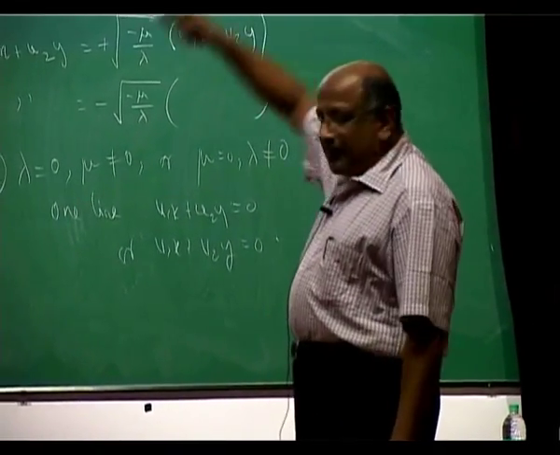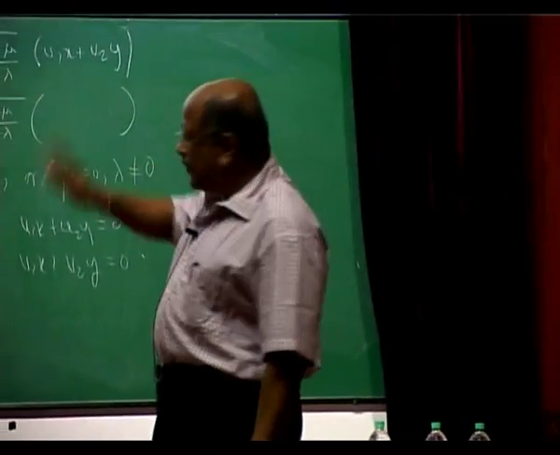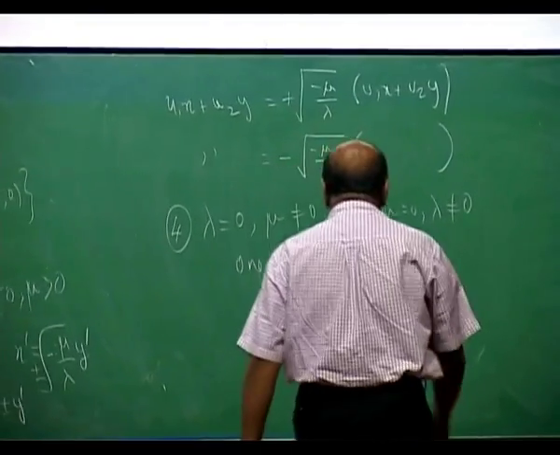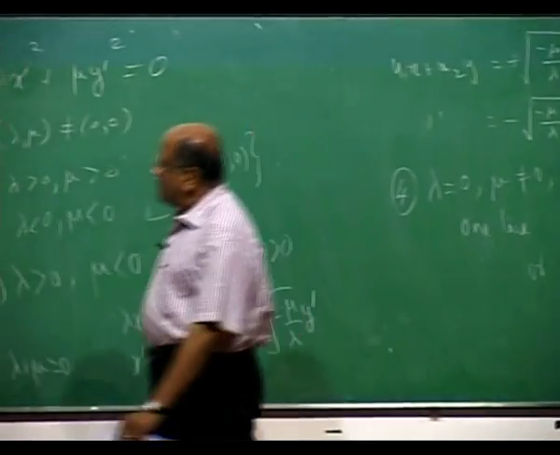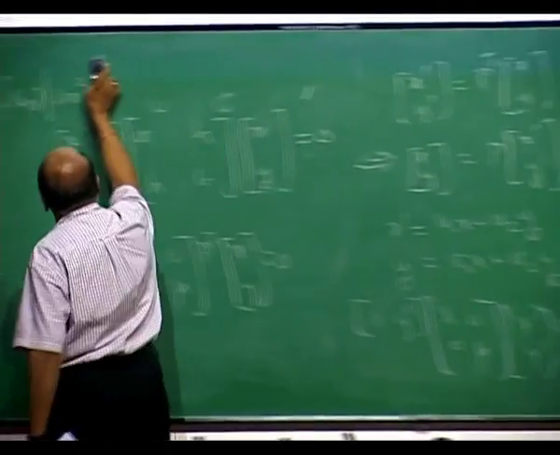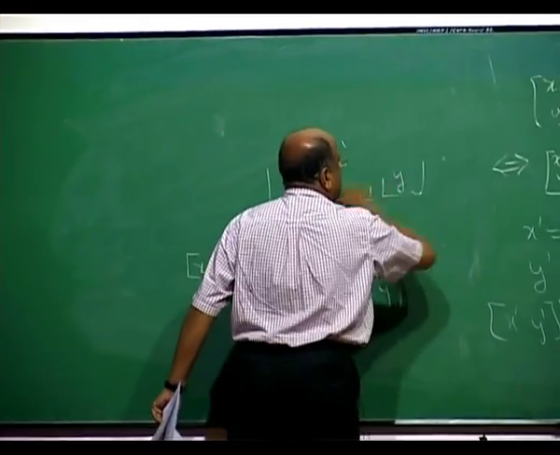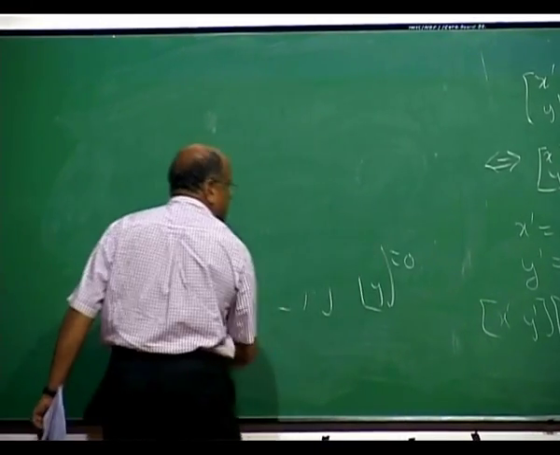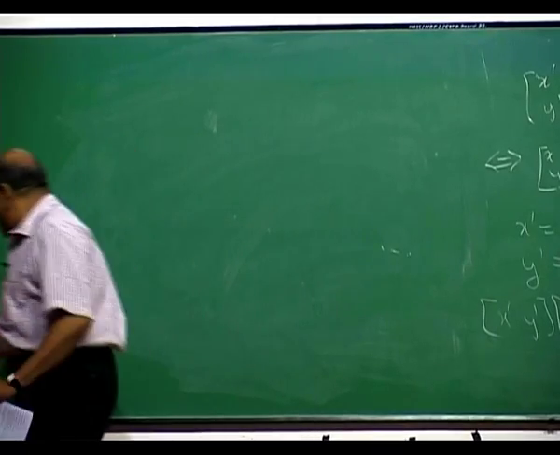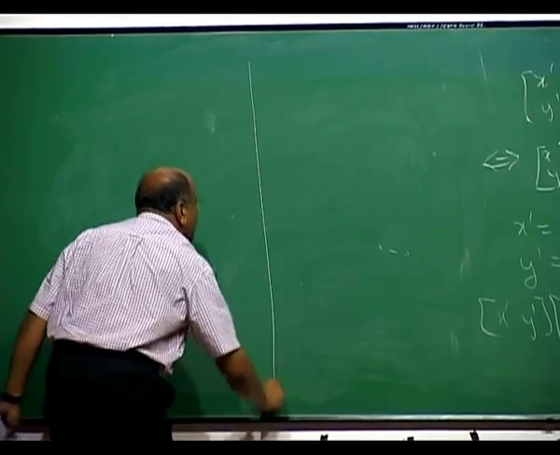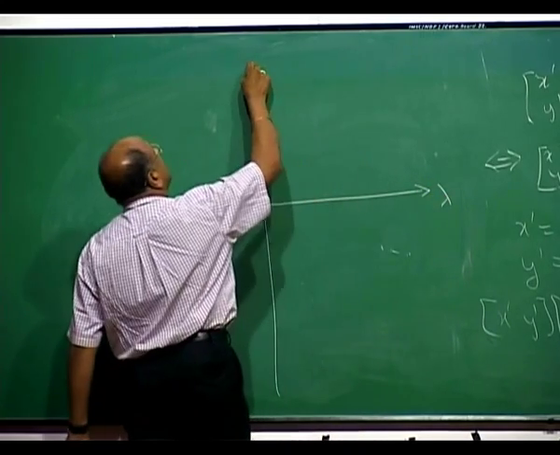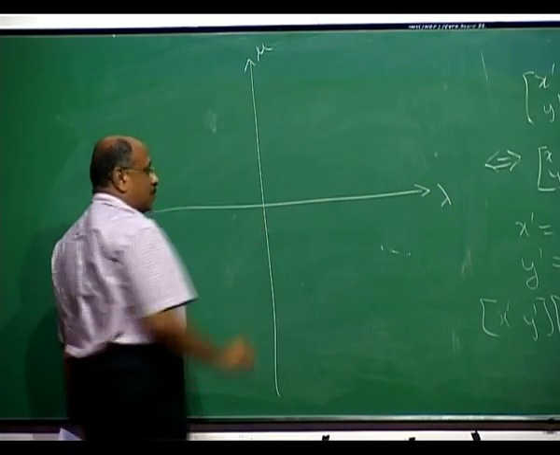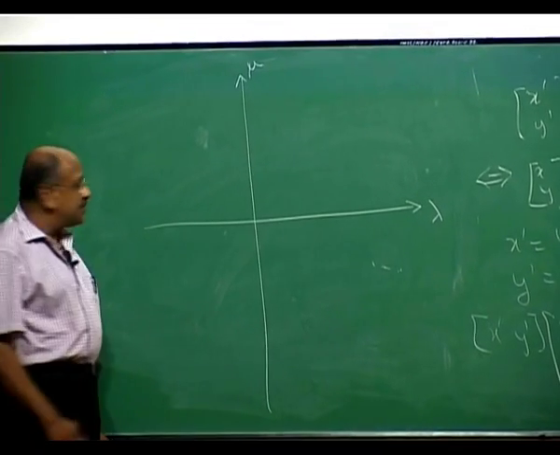So this entire blackboard can now be summarized in a single picture. So this is lambda and this is mu, the eigenvalues of that matrix.